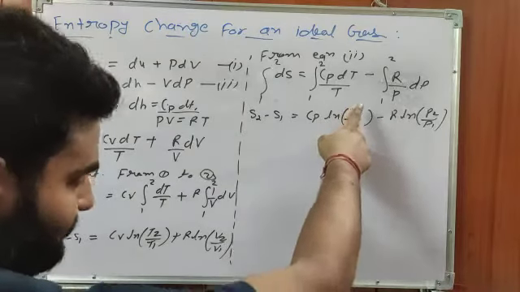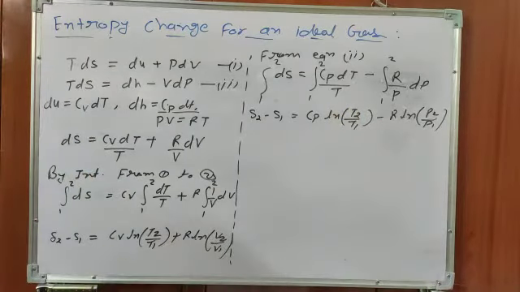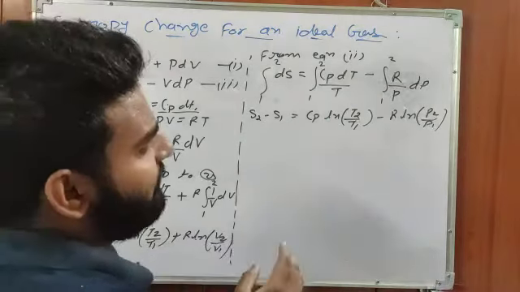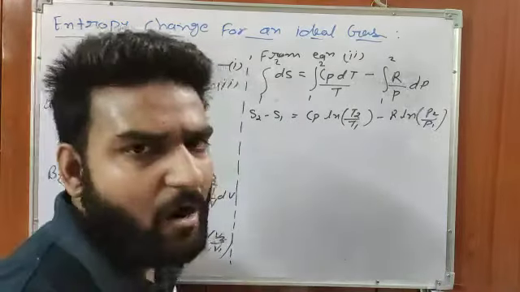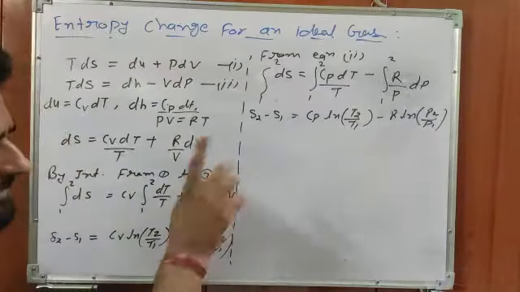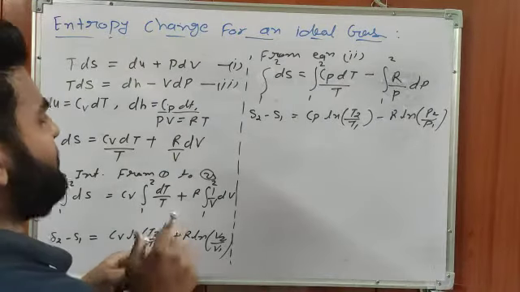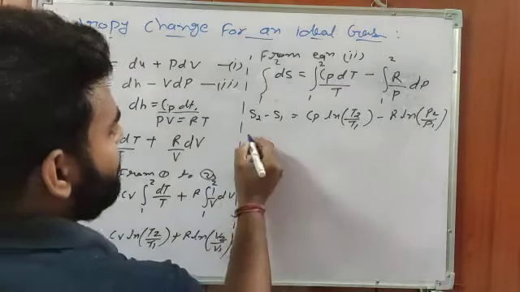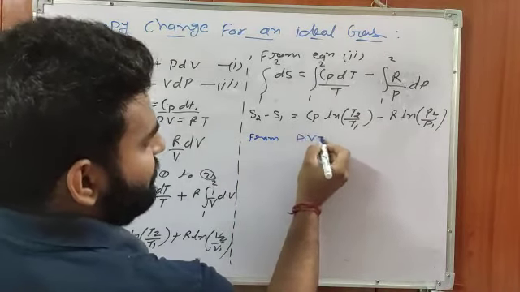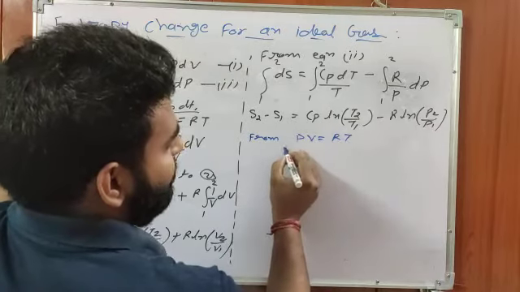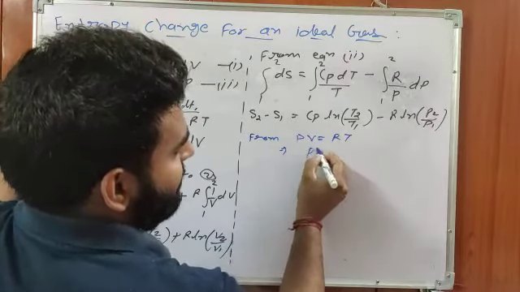Now we are going to find the relations between volume and pressure. We are extracting the T2 upon T1 term from this equation. From the ideal gas equation, PV is equal to RT, what can you write?